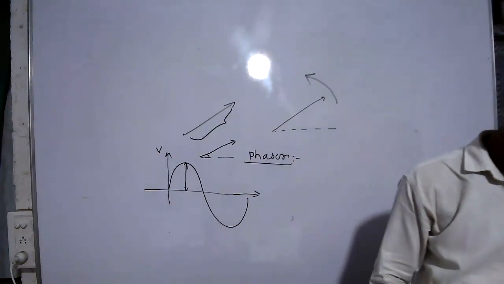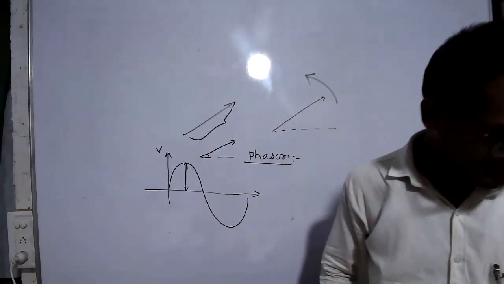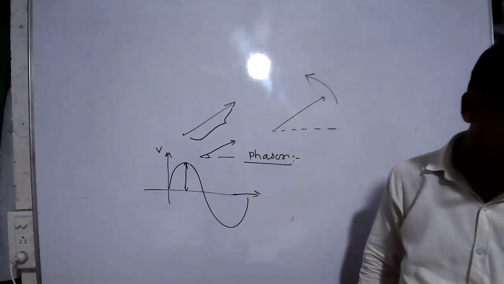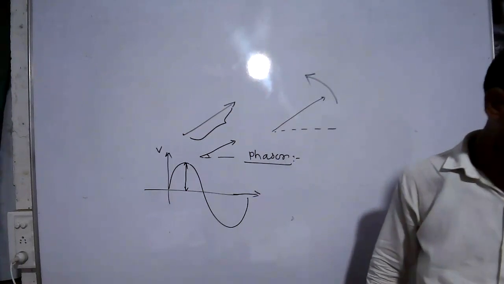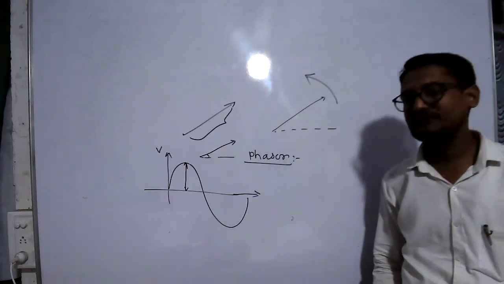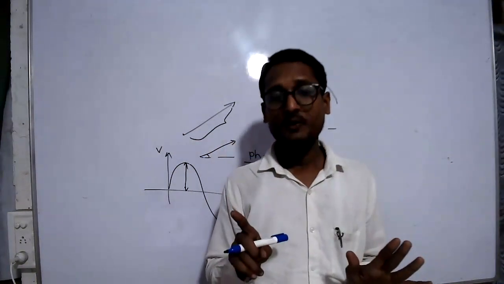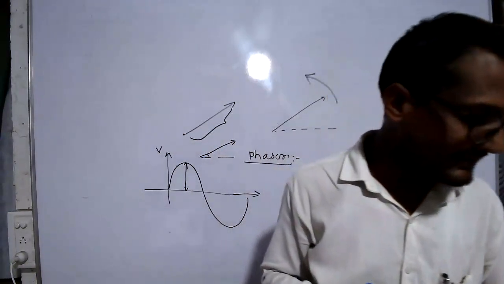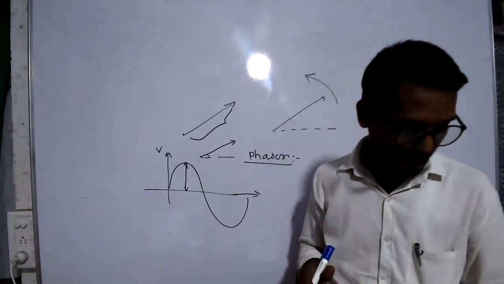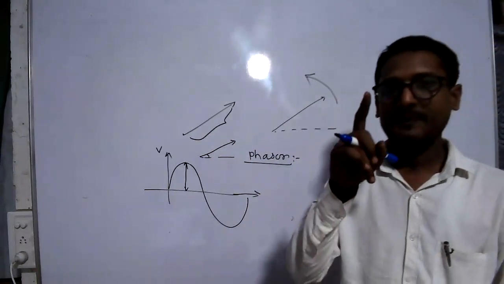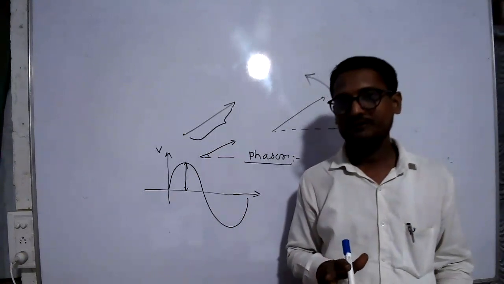Then the next concept is phase difference. What is phase difference? The angle between two AC quantities. Again the question arises: can we represent two phasors on a single sinusoidal waveform?